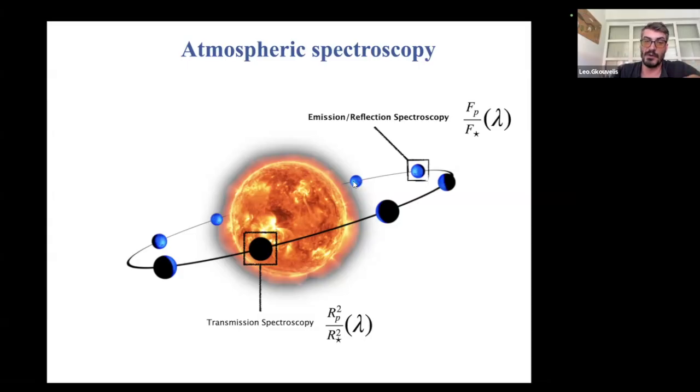We take a spectrum or a photometry here, and then once the exoplanet hides behind the star, we take another spectrum, and then we do the contrast. That's why those spectra have this type of form, and we call them like a thermal contrast. Of course, the brighter the exoplanet, the more signal and the easier. That's why small rocky exoplanets are very difficult to observe in both modes, actually.